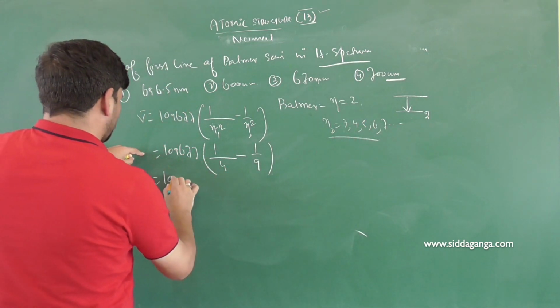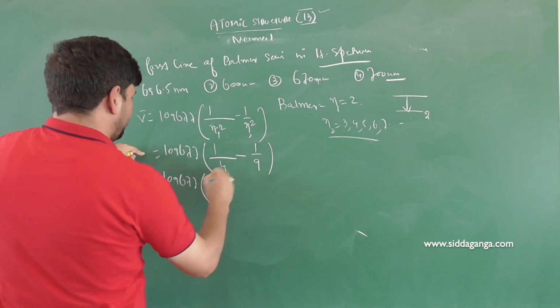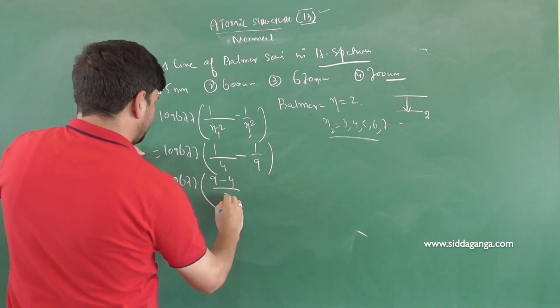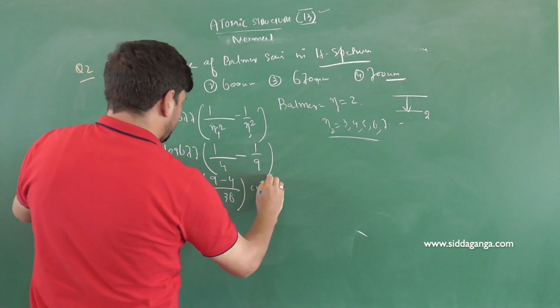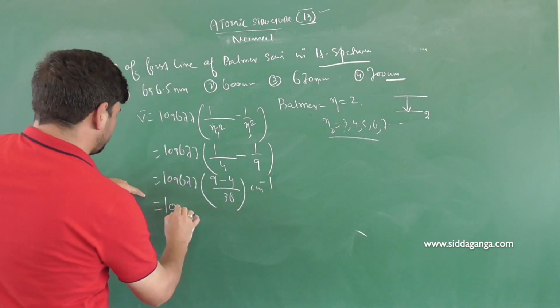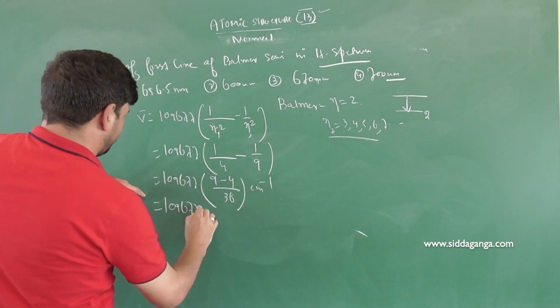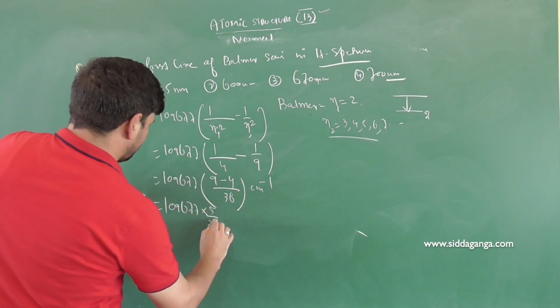So that will be 109677 into 9 minus 4 by 36 centimeter inverse. So that technically makes it 109677 into 5 by 36.